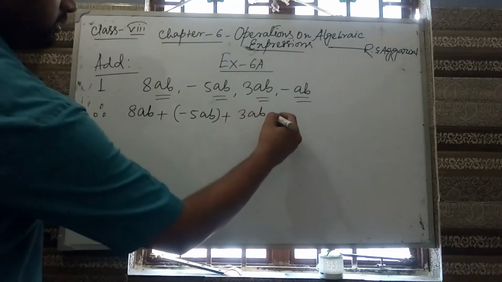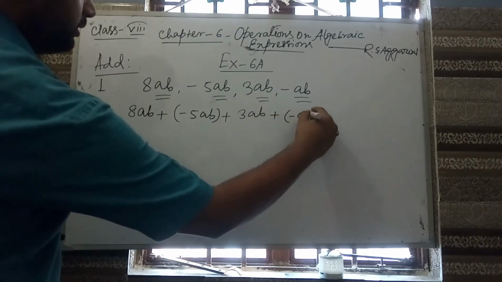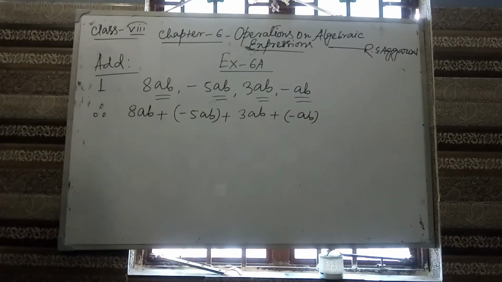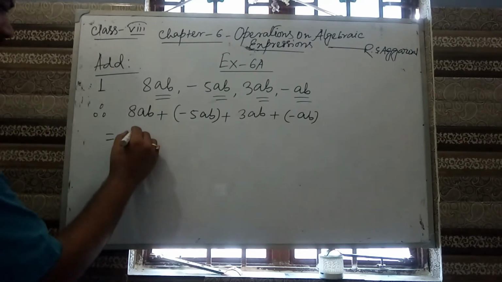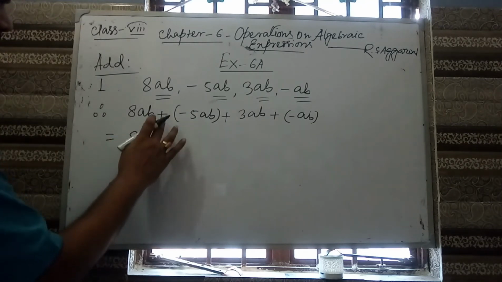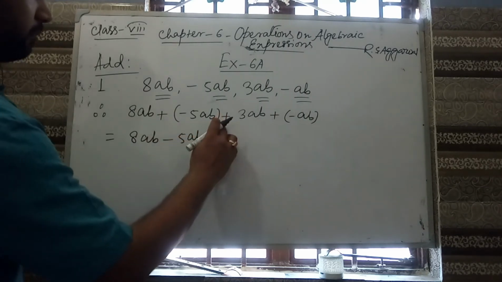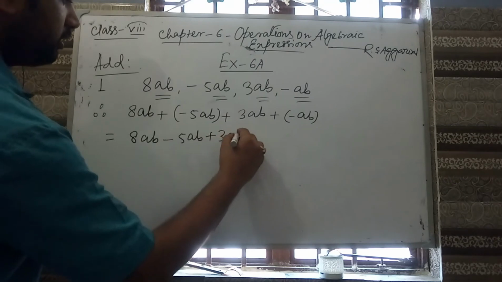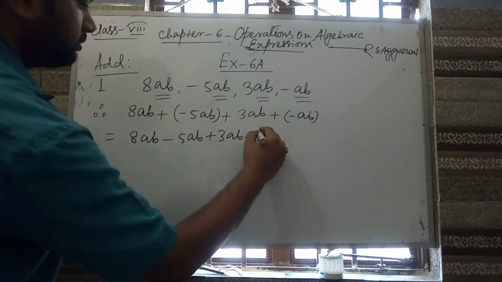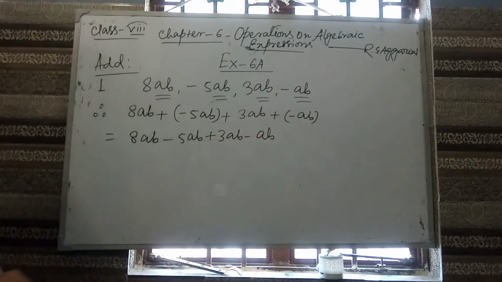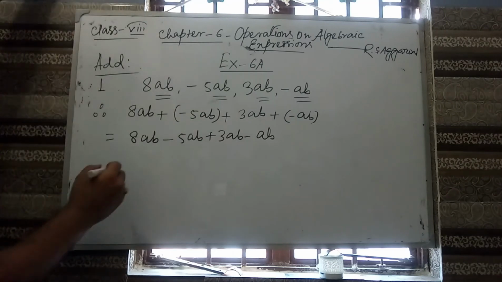For this one, plus minus AB. In the next step, we will just omit the brackets. So what will become? 8AB, keep it as it is, plus into minus, minus 5AB, plus 3AB, then plus into minus AB.